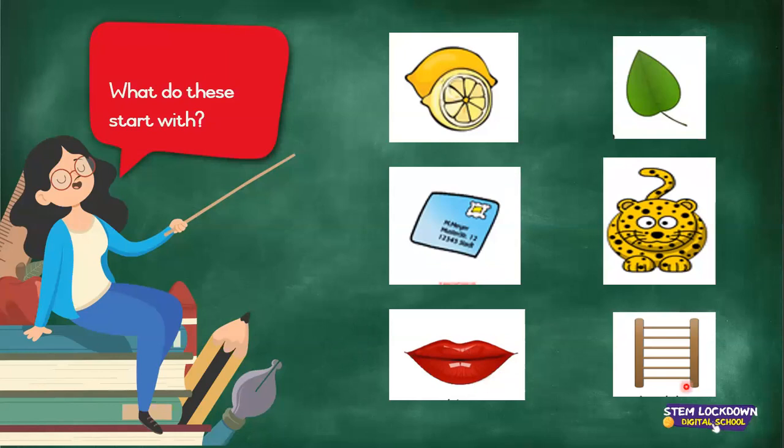And the last one? A ladder. What does ladder start with? Very good. So these are all examples of pictures that you can draw of the sound L.